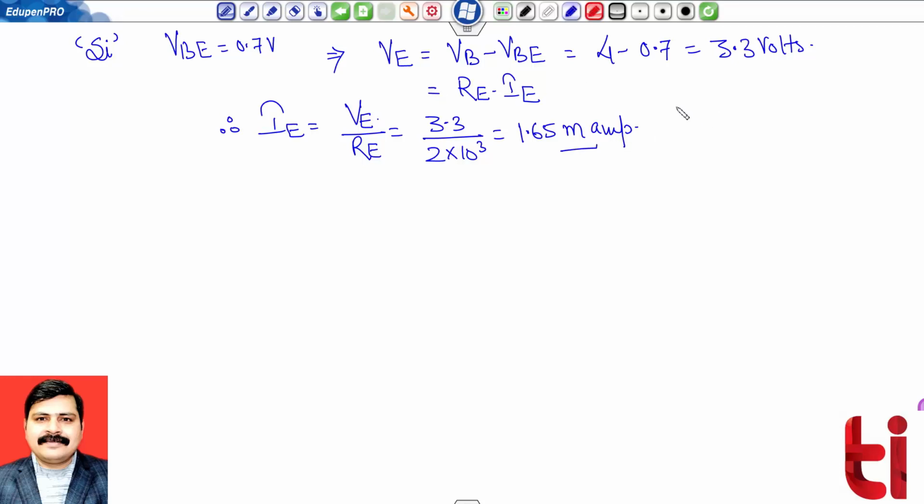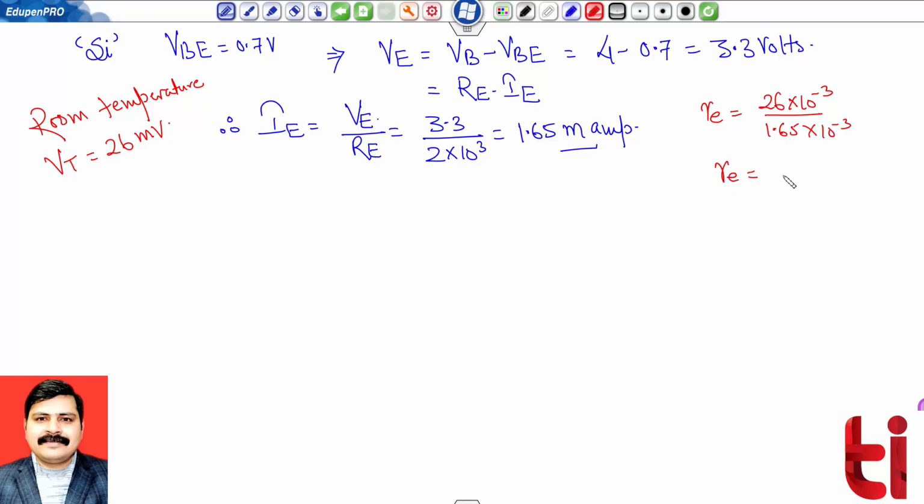And once this value is calculated, I'm assuming that we are working at room temperature, and if we are working at room temperature, that means the thermal voltage VT equals 26 millivolt. Hence, my emitter resistance re is 26 into 10 raised to power minus 3 divided by the value of IE, 1.65 into 10 raised to power minus 3. That is the value of re, 15.76 ohm. So we have calculated the value of re.